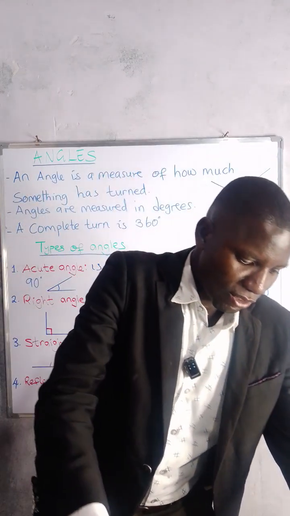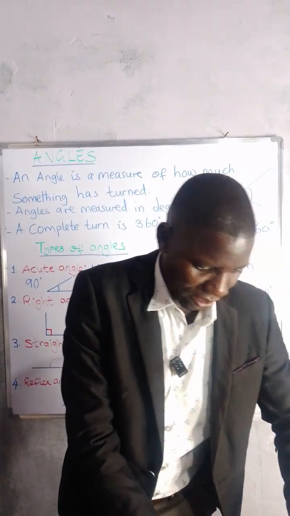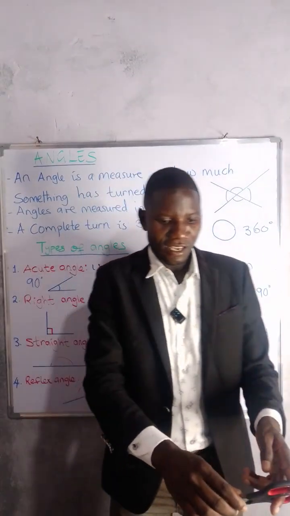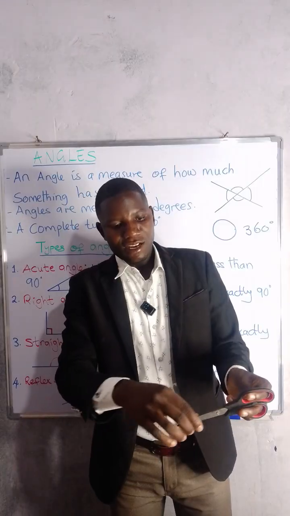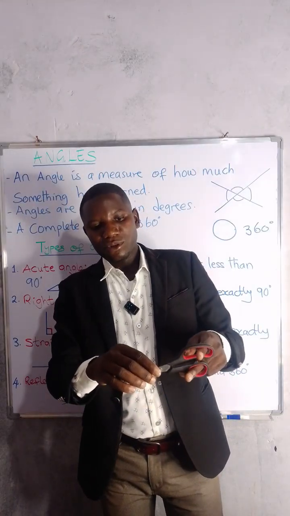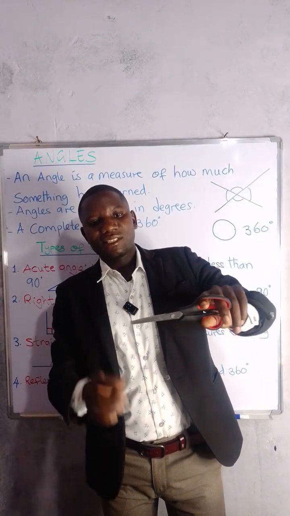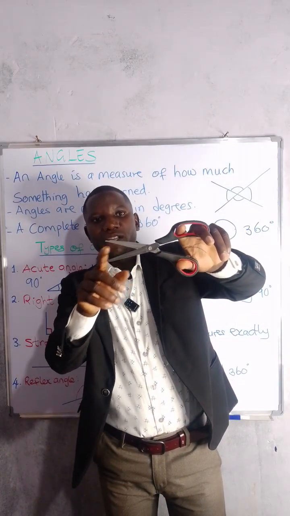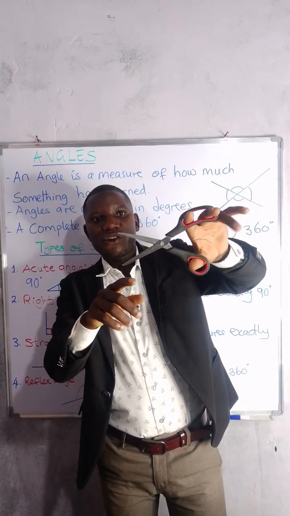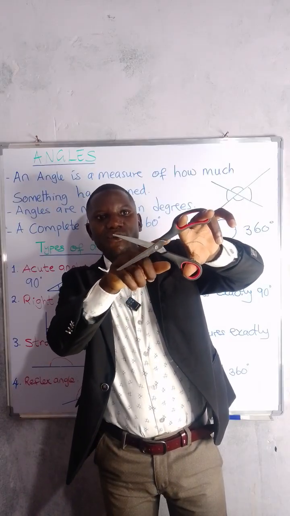Another object which can help us understand angles is a scissors. If I open it like this, you are going to see that we are forming an angle there. These are angles.